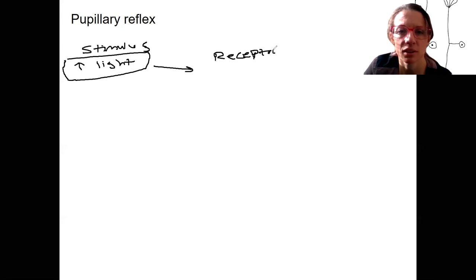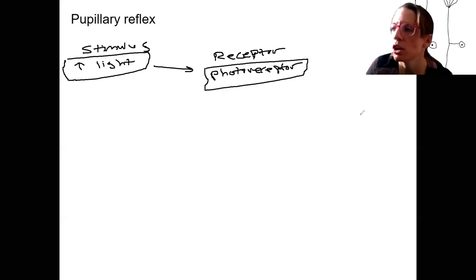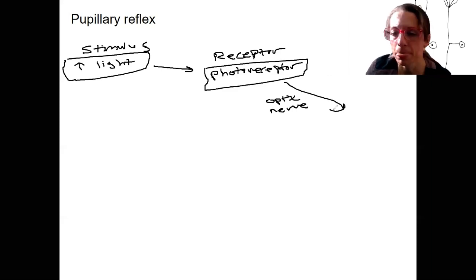Photoreceptors, right? Now, photoreceptors actually talk to bipolar cells, then ganglion cells. We are just going to have that be called the optic nerve. Those are the axons of the ganglion cells that are the input signal to the brain.